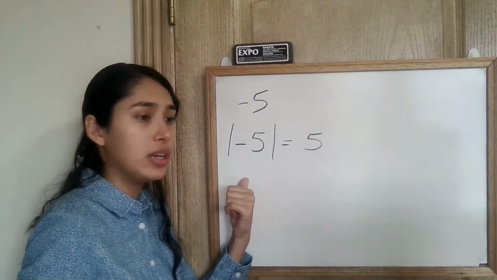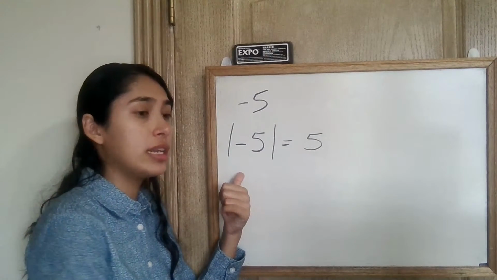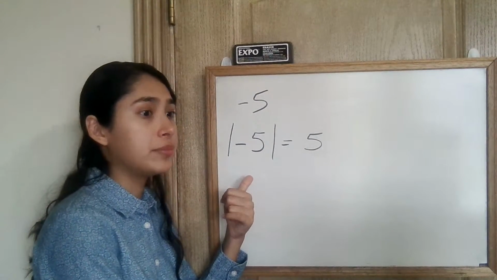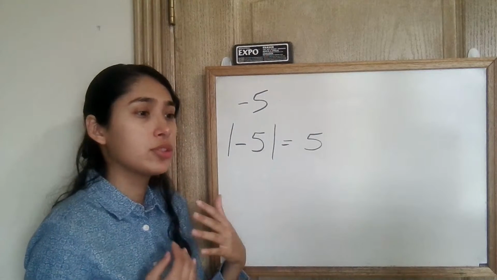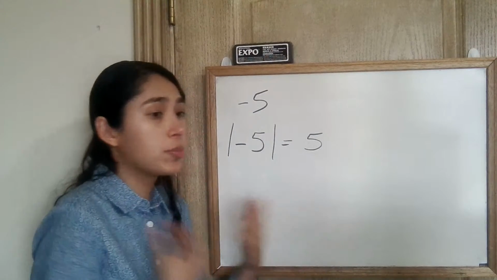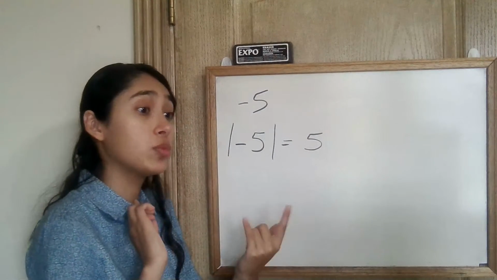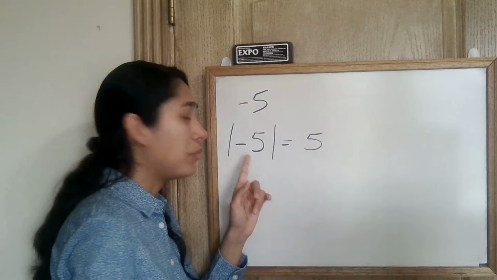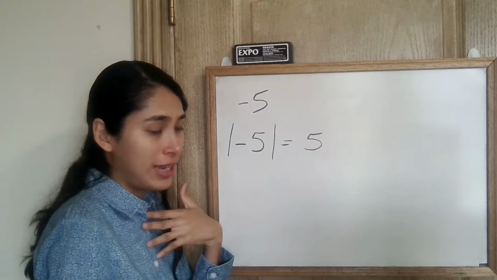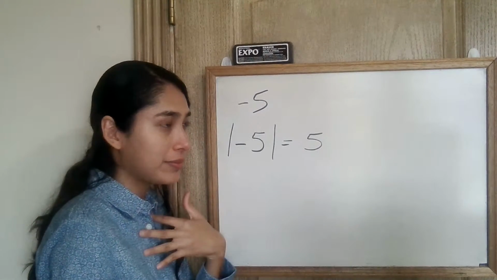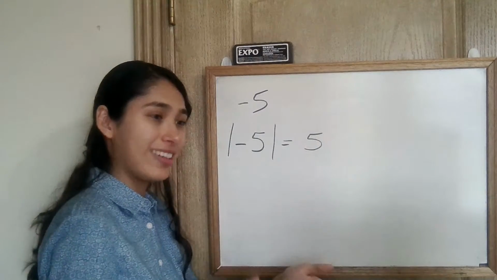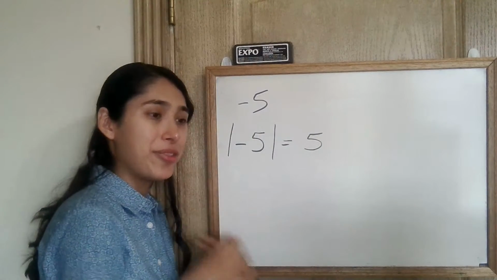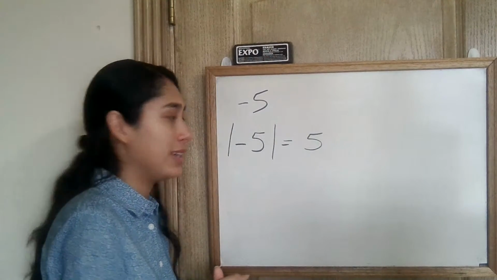Instead of just seeing the negative 500 on your bank statement, because it depends if you're looking at it from the perspective of the bank or your perspective, those plus or minus signs will change. Because for you, a negative $500 is sad, but for the bank, they're adding $500 to their assets.